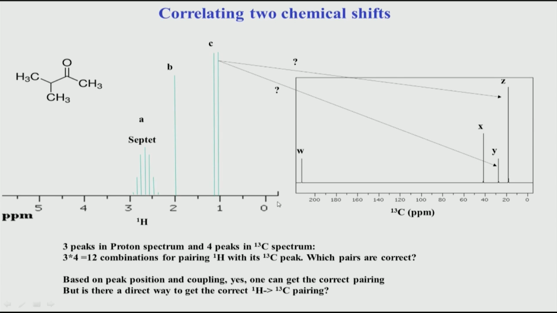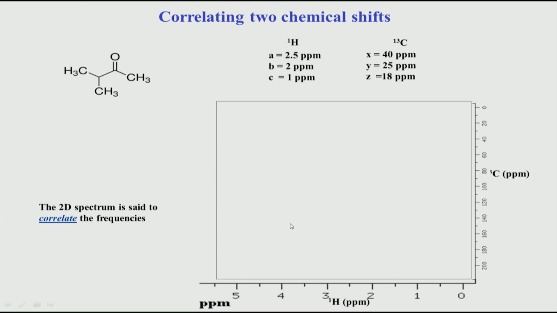But we do not know which pair is correct, because only 3 pairs are correct: this has to be paired with one carbon, this has to be paired with another, and this with another. So, only 3 pairs are the actual pairs, but based on this spectrum alone, I am not getting that information.